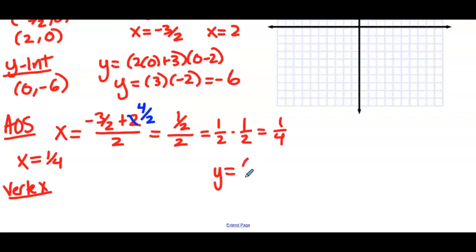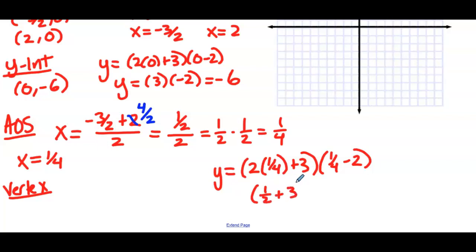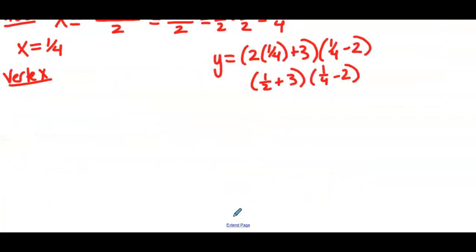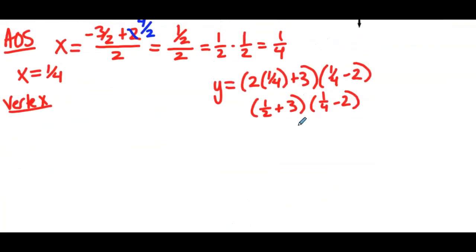So y equals 2 times 1/4 plus 3, and then 1/4 minus 2, not 3, minus 2. Okay, so we're going to have 1/2 plus 3 times 1/4 minus 2. Have a little bit of work to do with some fractions now, so this is going to be 1/2 plus 6 over 2, and then 1/4 minus 8 over 4.